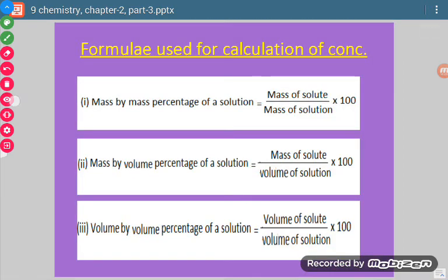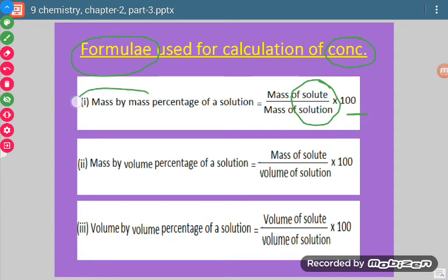Now how to use this, and what are the formulae? Formula is the singular word and formulae is the plural word. Since there are three, we have written formulae used for calculation of concentration. In all the cases we have to divide solute by solution and multiply by 100.